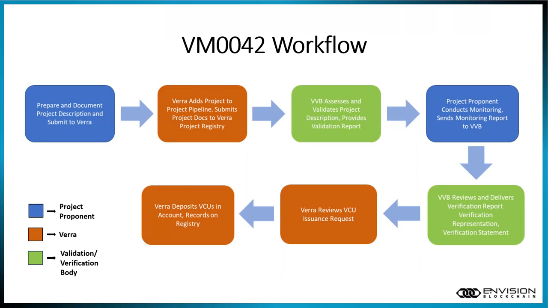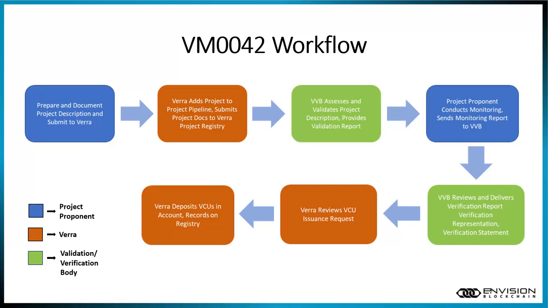We'll start with the first box to the top left, and it's the project proponent, which will prepare and document the project description and submit to Verra. Then Verra will add the project to the project pipeline and submit project documents to the Verra project registry. Now we have the VVB. They'll assess and validate the project description and provide a validation report.